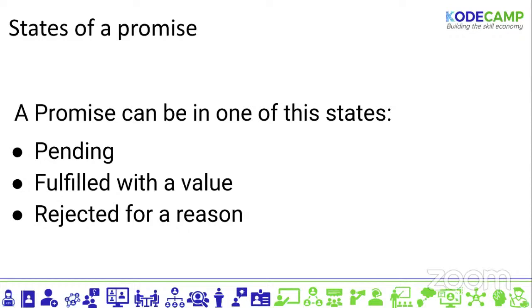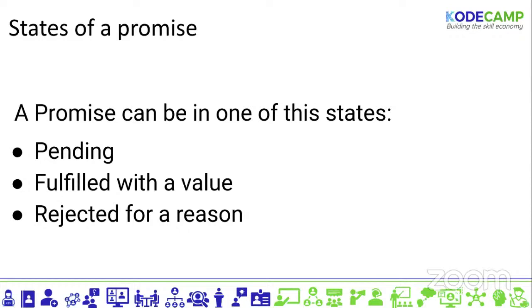Then a promise is rejected when maybe a value is not met, and then it calls the reject function. That rejection is going to send back a reason why that promise couldn't be fulfilled. I hope that makes sense to you guys. So those are the three states a promise can exist in.